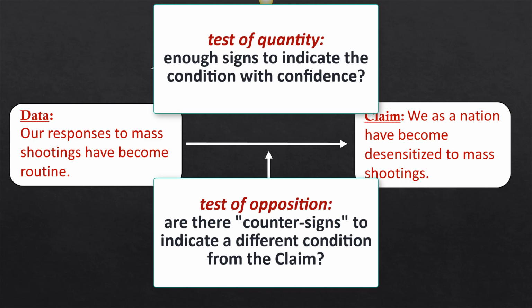Well, there might not be any countersigns in this direction because, in the speech at least, President Obama doesn't provide any specific indication to suggest that there are a lot of people having any extreme emotional reactions to the situation. He talks about the grief of the loved ones of those who lost their lives, as well as the grief of the nation as a whole, but he doesn't really get into whether or not there are other kinds of reactions.